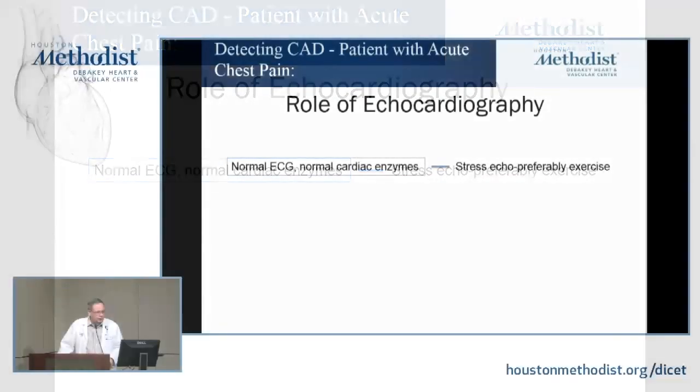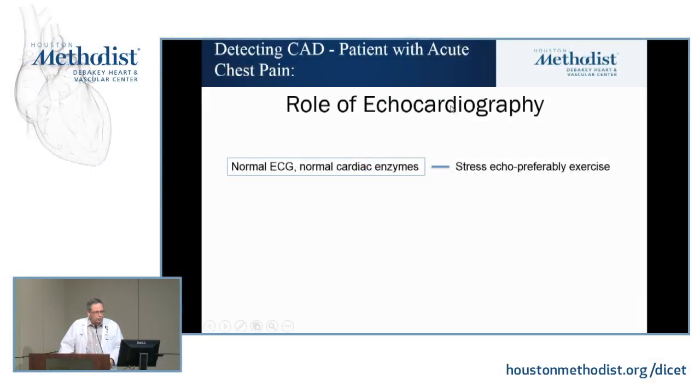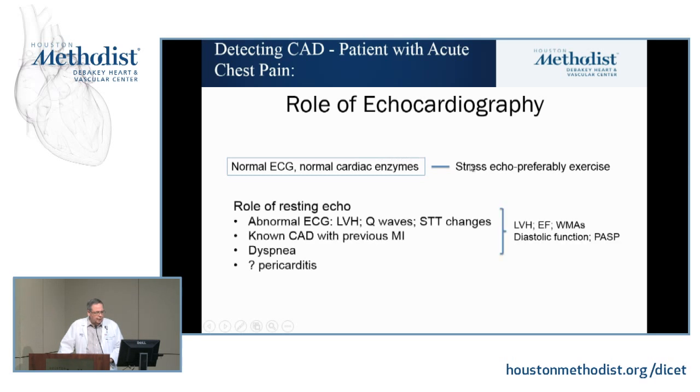All right. They're all appropriate. The point I want to bring in, just because we're doing so much of that in this hospital, is the role of a resting echo. And I think a resting echo really has a limited role and should be reserved for people that have very specific things, i.e., if they already have abnormal EKG, particularly EKG changes that suggest a cardiomyopathy or a previous infarct, yes, you would like to know more about ventricular function, wall motion, diastolic function, and so on.